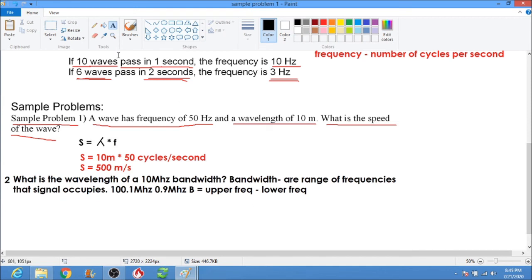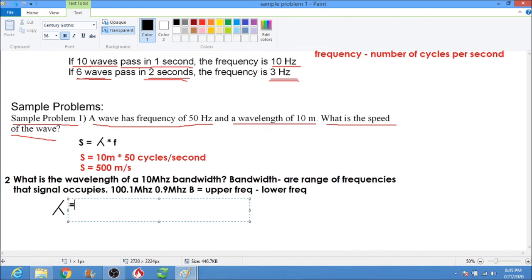We also use lambda. Lambda, our wavelength, is equal to the velocity or the speed of light, which is 300,000 kilometers per second, divided by the frequency.